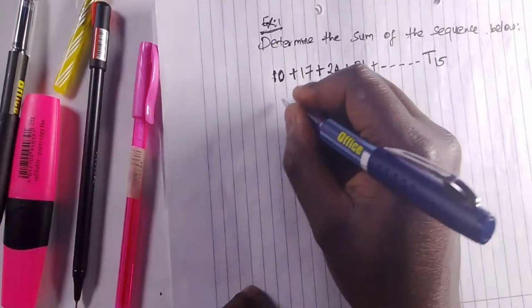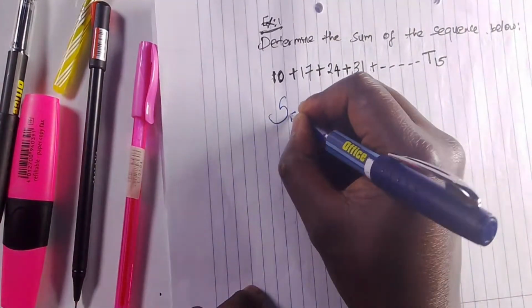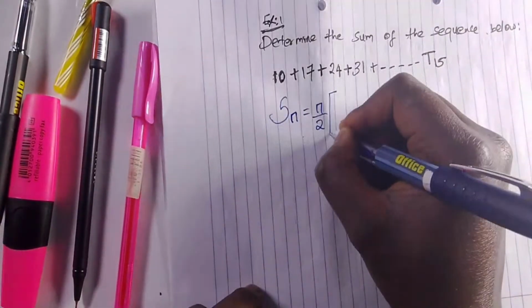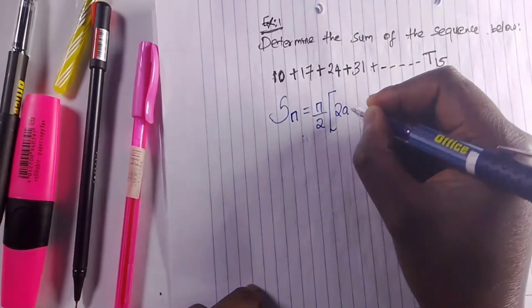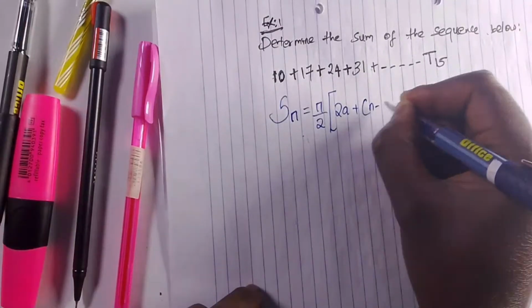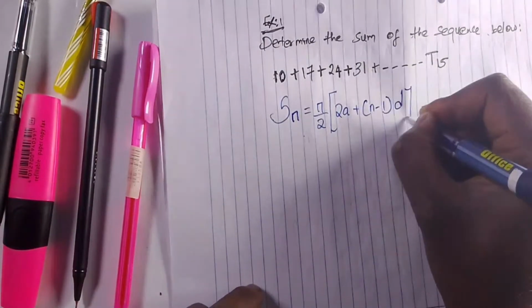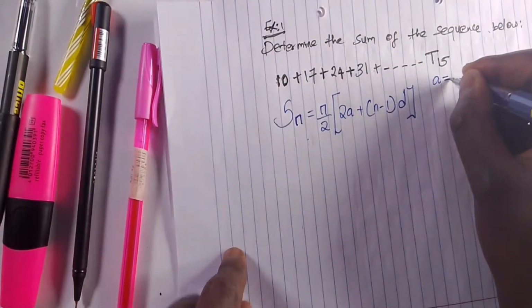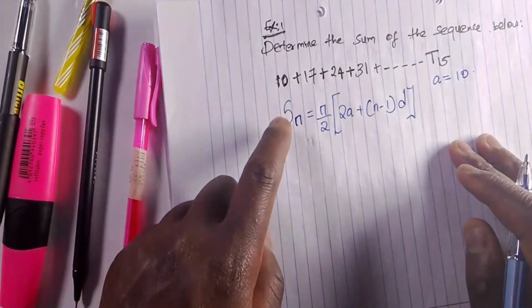So we have sum of n is equals to n over 2 into brackets 2a plus n minus 1 d. Are we together? Where our a is equal to 10 is our first term.